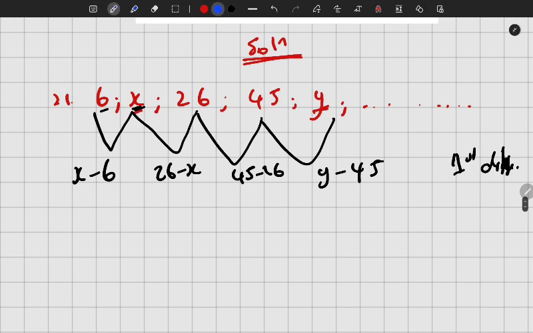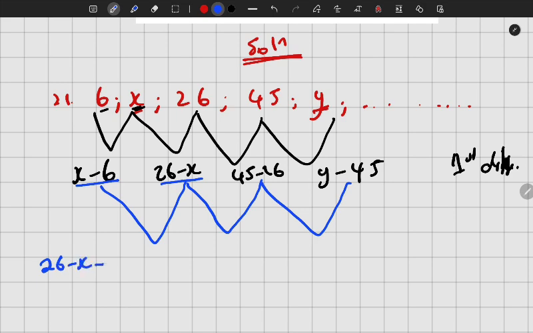Now looking for the second difference, which is the difference of the first differences. So we're going to say 26 minus x minus, in brackets, x minus 6. Then 45 minus 26, which I can simplify, it's 19, so it's going to be 19 minus 26 minus x.